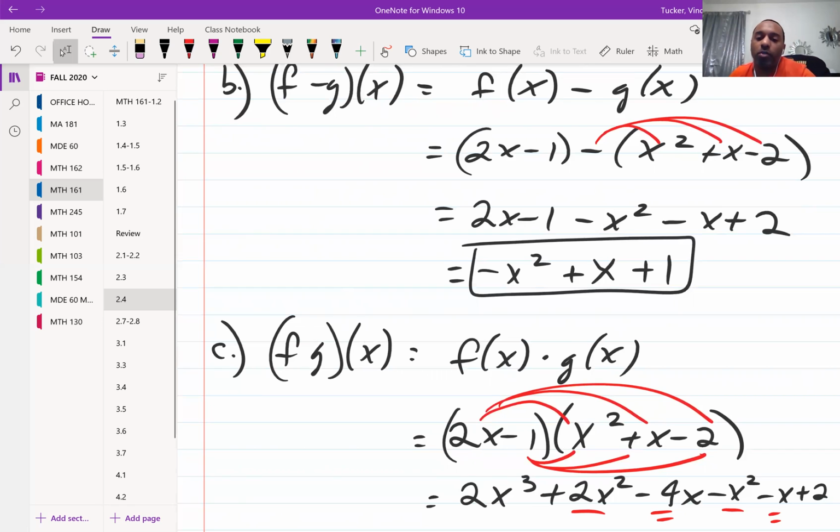All right, so 2x times x squared is 2x cubed, then plus 2x squared, and minus 4x. Then negative 1, that'll be negative x squared minus x plus 2.